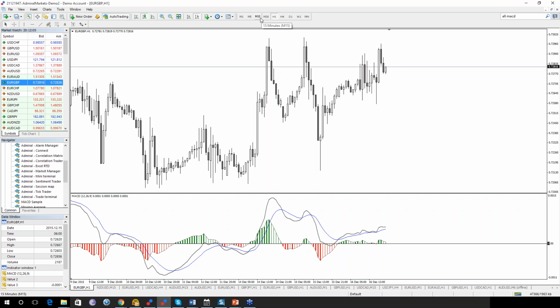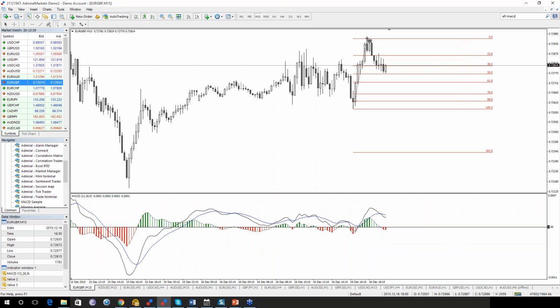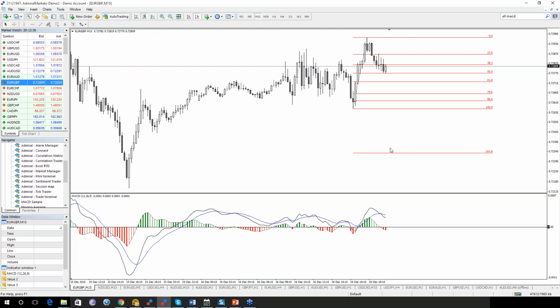Let's use 15 minutes. I don't pay attention to M30. I go with the 4-hour time frame structure. So M15, 1 hour, 4 hour, and M5 if M15 has both trend and momentum. Let's see. M15. No, this is retracement. So Fibonacci is placed here. So this is how you detect retracement with multiple time frame analysis, guys.